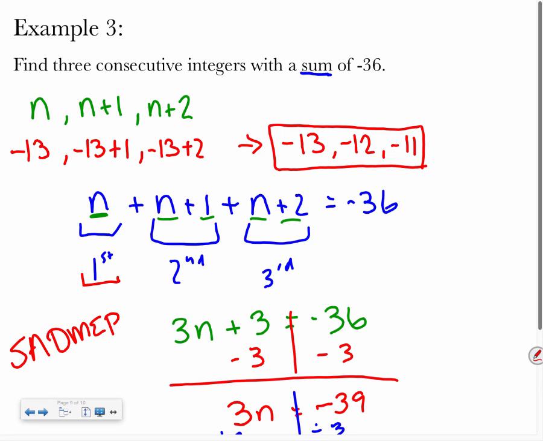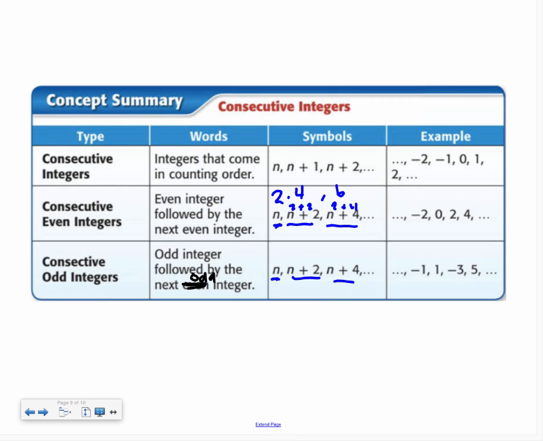If we add these 3 numbers together, we should get a sum of negative 36. So negative 13 plus negative 12, that's going to be negative 25, plus a negative 11, that's negative 36. It checks out. So negative 13, negative 12, and negative 11 are the three consecutive integers with a sum of negative 36.